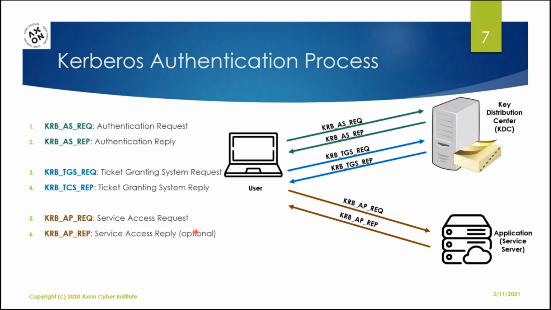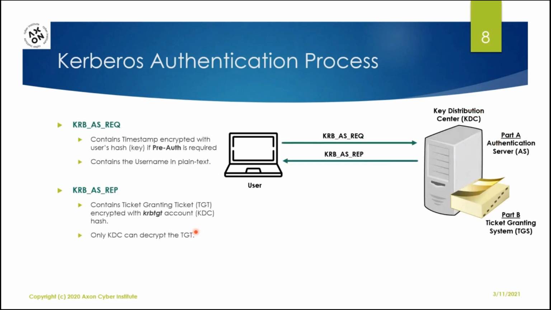Let us dive deeper. Each packet of these 6 packets is very complicated and contains a lot of data, and the way it is hashed and encrypted involves a lot of parameters, but we're going to focus only on the key elements here. In the first pair, the Kerberos authentication server request, after you have entered your password, there is something called an encrypted timestamp.